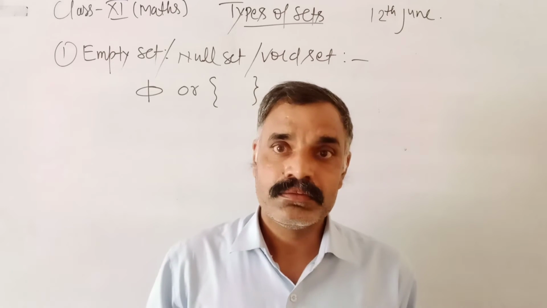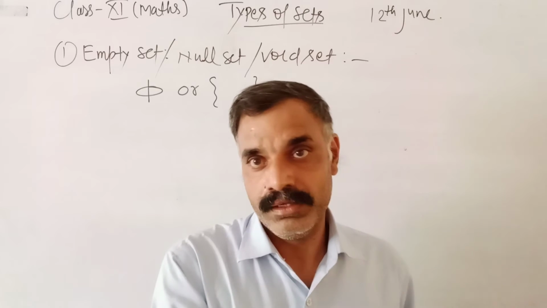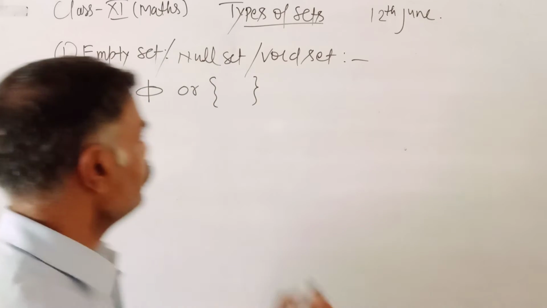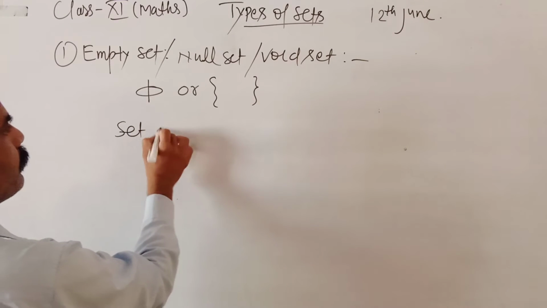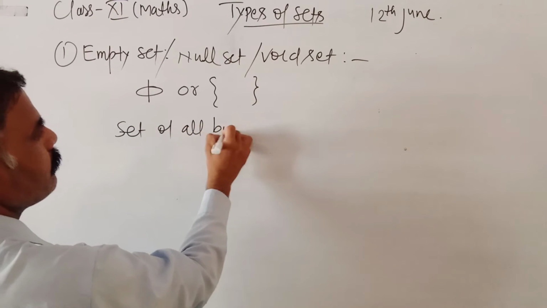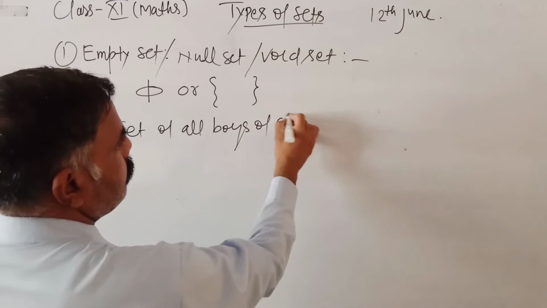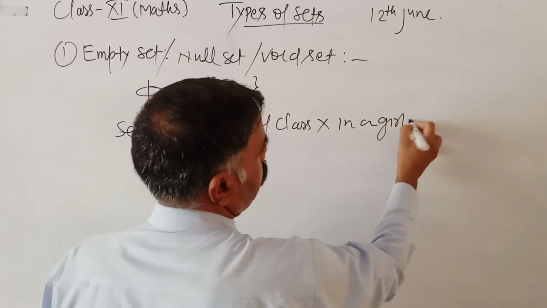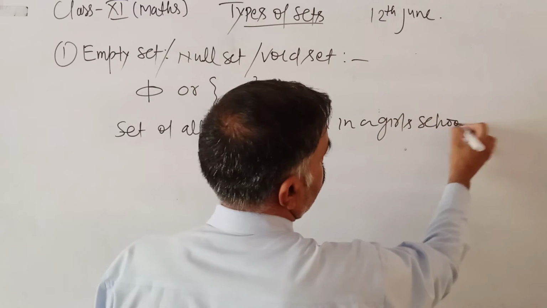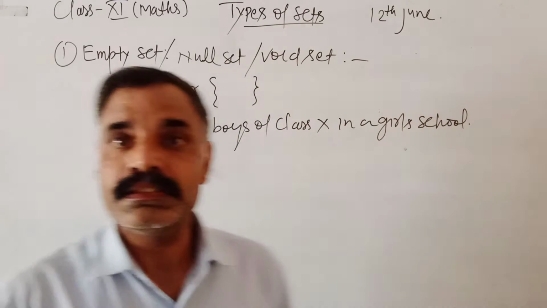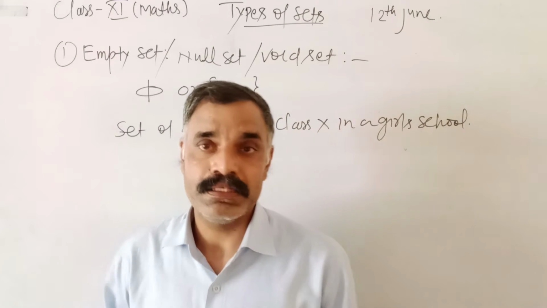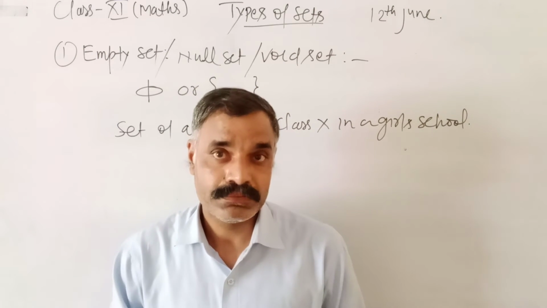That is why the set is empty. This is the example of an empty set, or null set or void set.